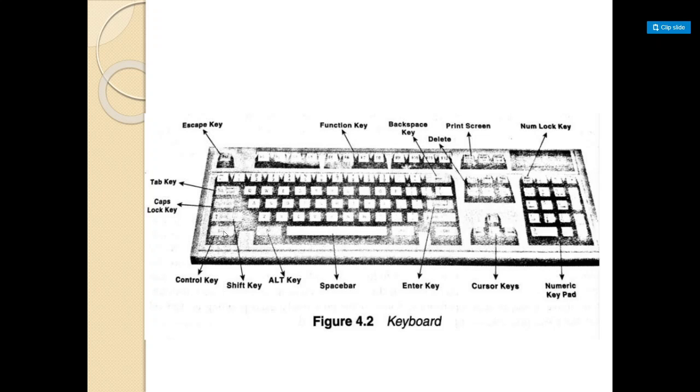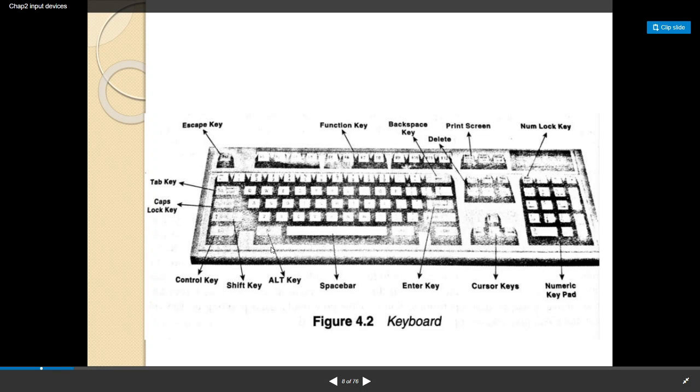For some other commands that you give through the keyboard, you use the control key. And the next is the alt key. Again, it is used in combination with control or some of the keys. And this is the space bar, which you use for white space.